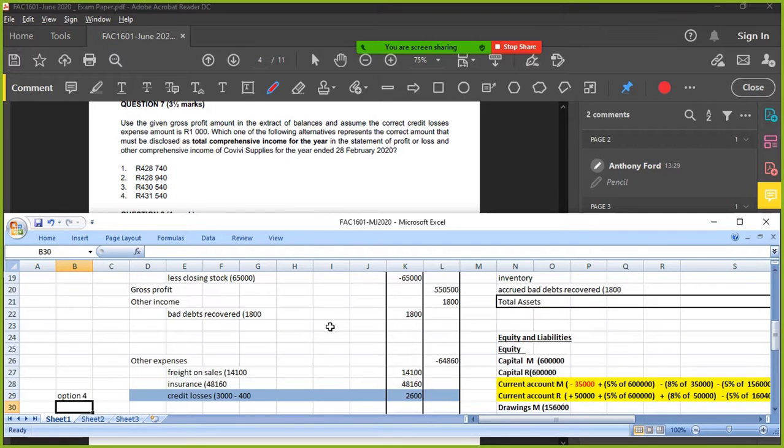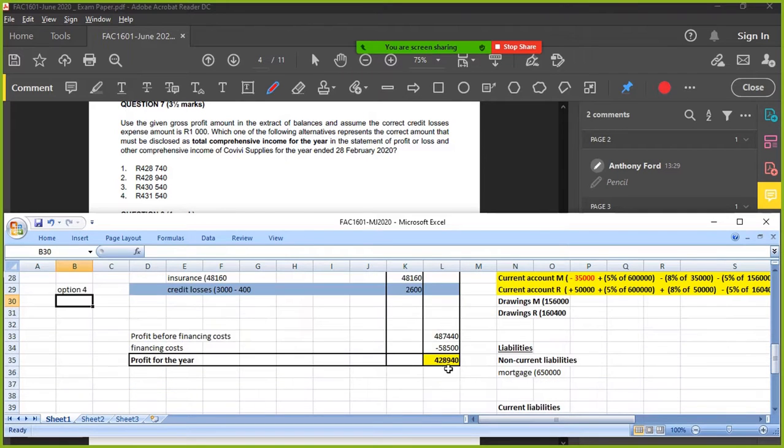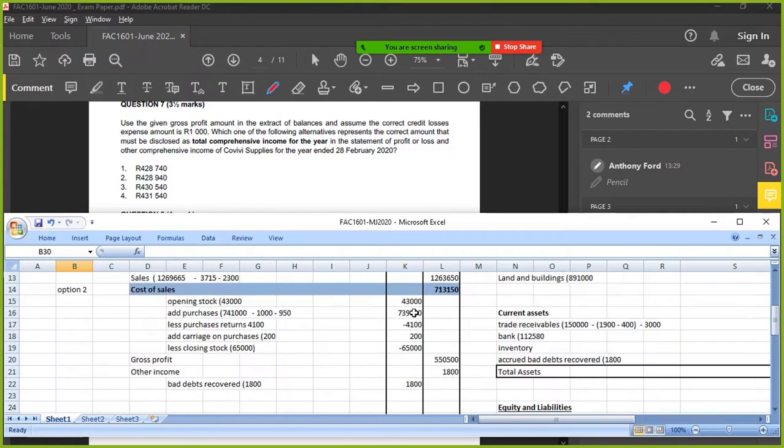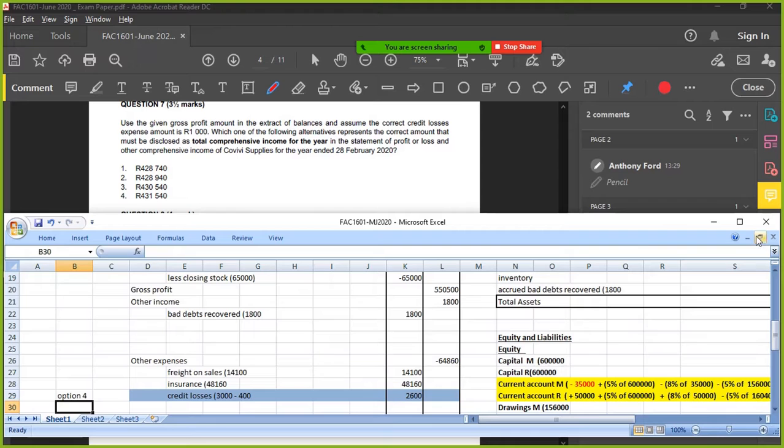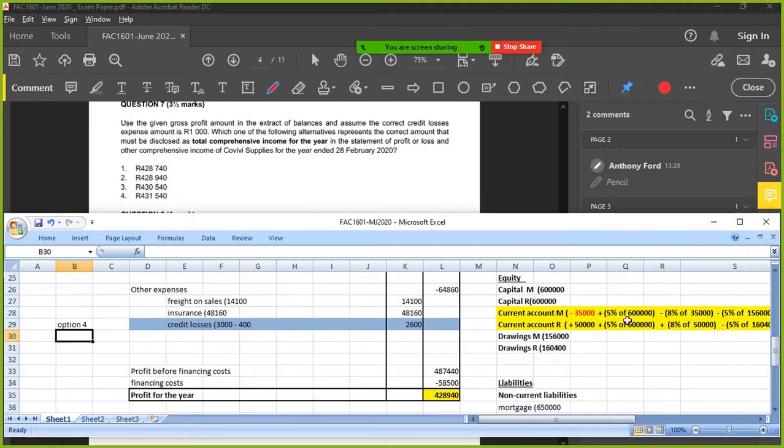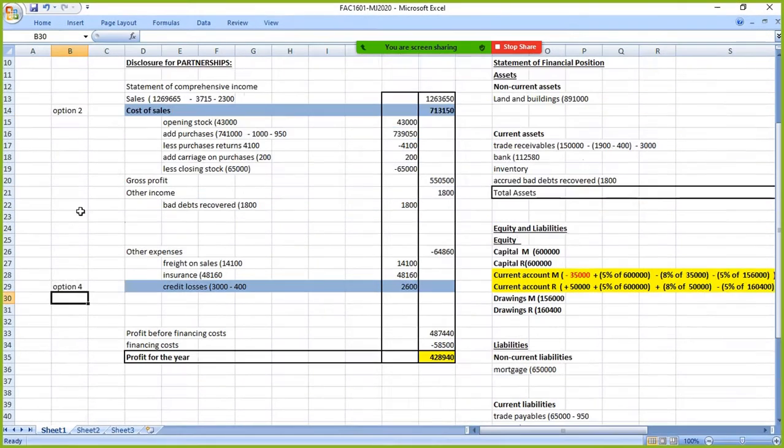All right, so what did I get? I got 428940. Okay, it's there, but they said use the given gross profit, which I did, and assume the correct credit expense. Oh, so they're saying the credit loss must be 1,000. So I can't choose that option.